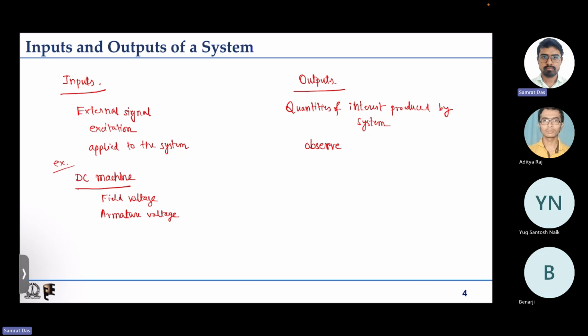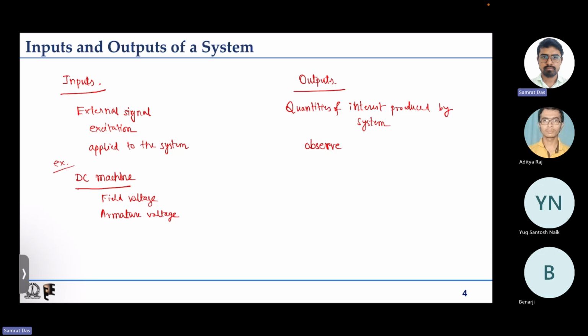Otherwise, why will they be of interest to us if we cannot observe them directly? Just for an example, we know that we apply some voltage, and from our studies of electromagnetic fields we know there will be some flux in the machine, but can we observe it directly? We can obviously estimate it, but we cannot directly observe it.